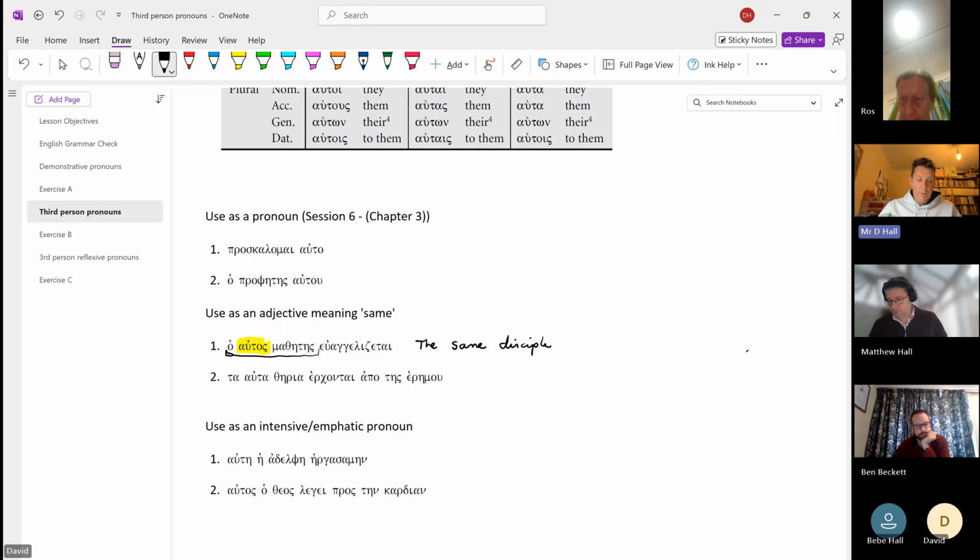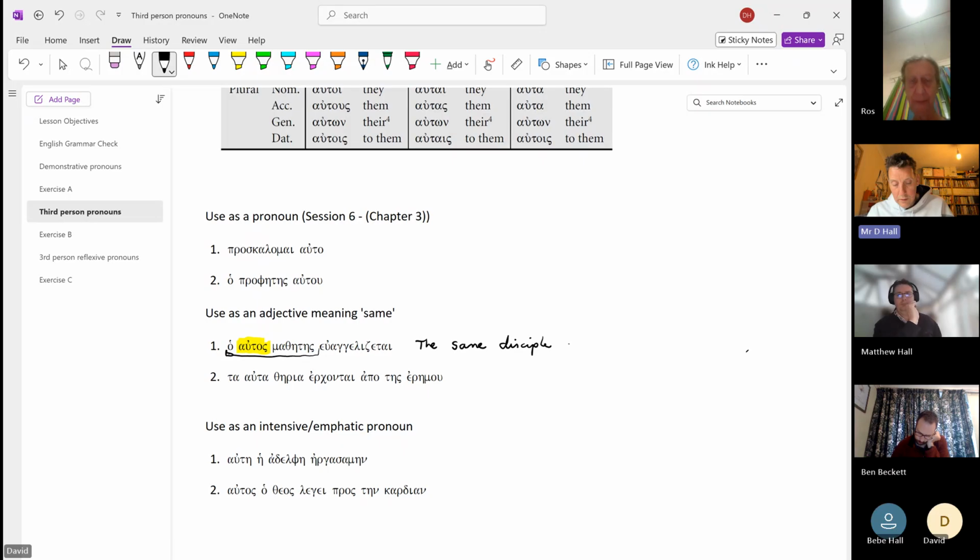And just to remind you of something we did in the previous session, which is, remember, there are a few nouns that have feminine endings, but they're actually masculine nouns. Okay, so they have different endings. They're confusing genders, as we call them. So mathetes, which is disciple, is one of those. All right. So the same disciple, and then euangelitsatai is preaching good news.